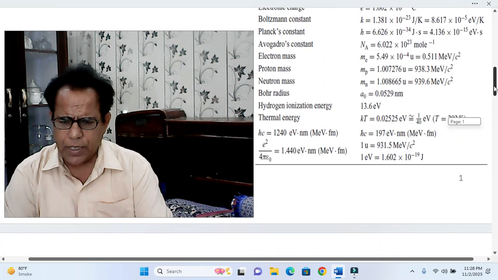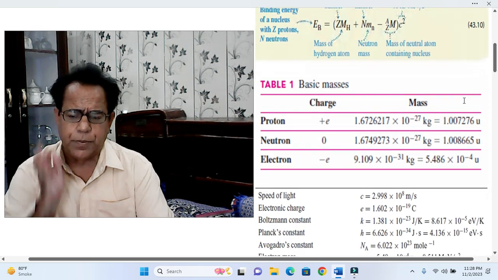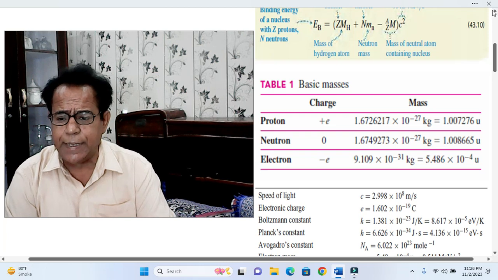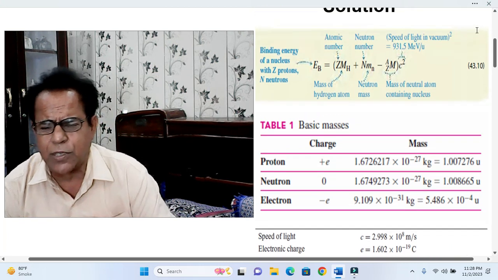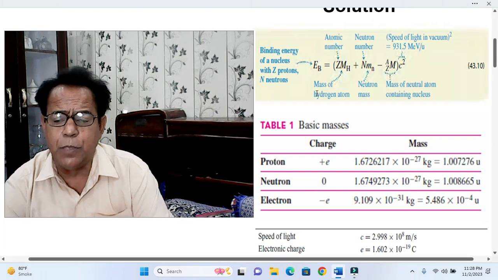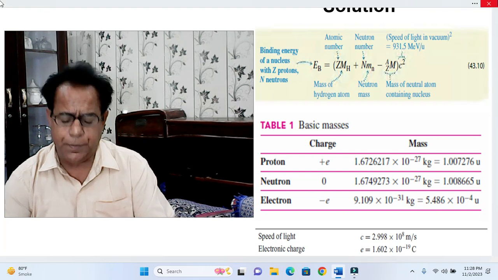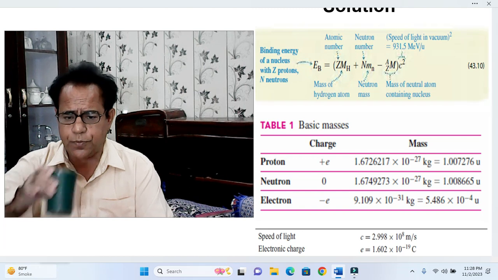So the first snapshot is about binding energy theory. Actually, this snapshot has been chosen from the book University Physics by Young and Freedman.